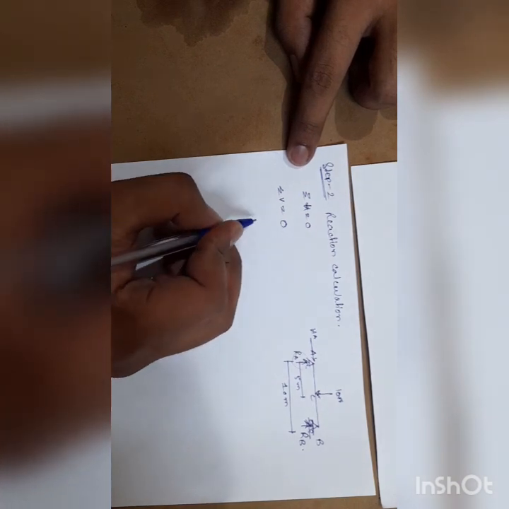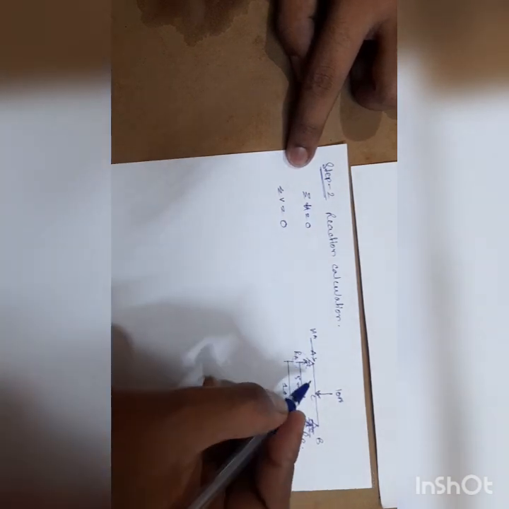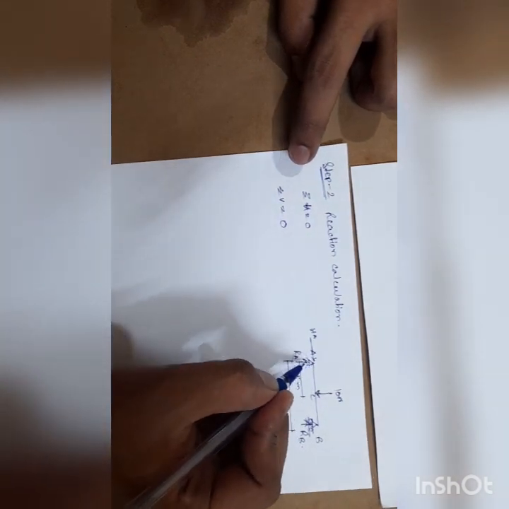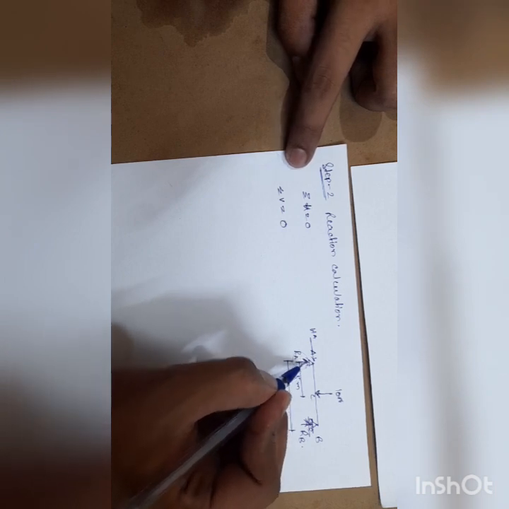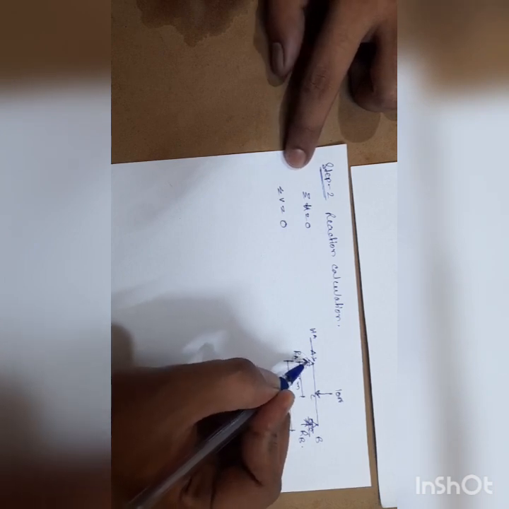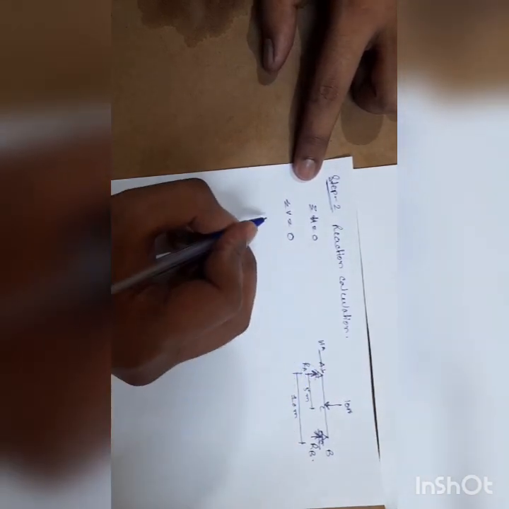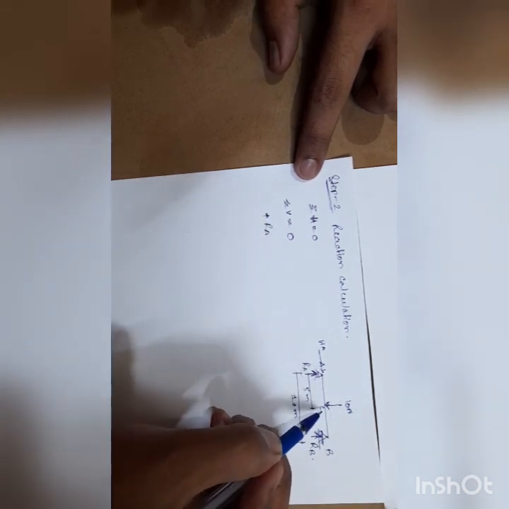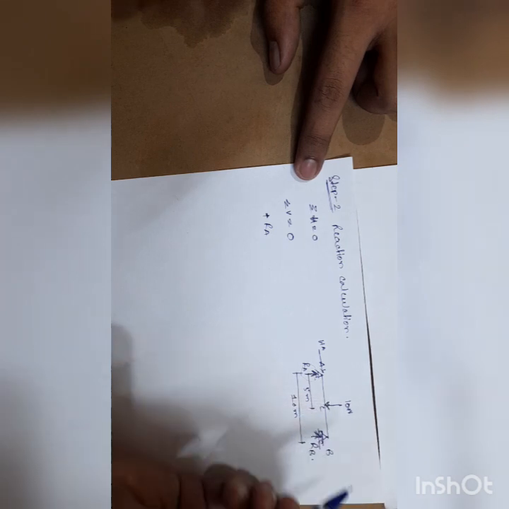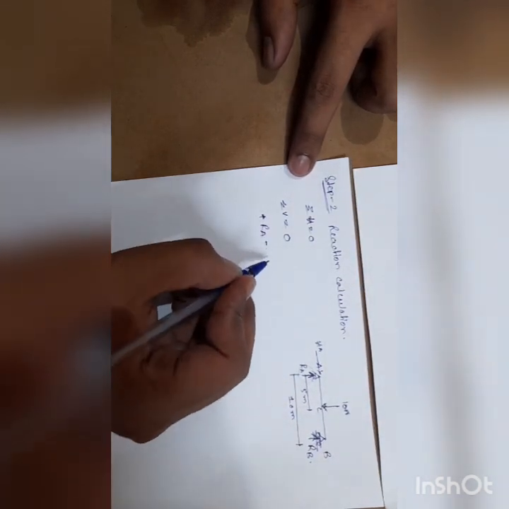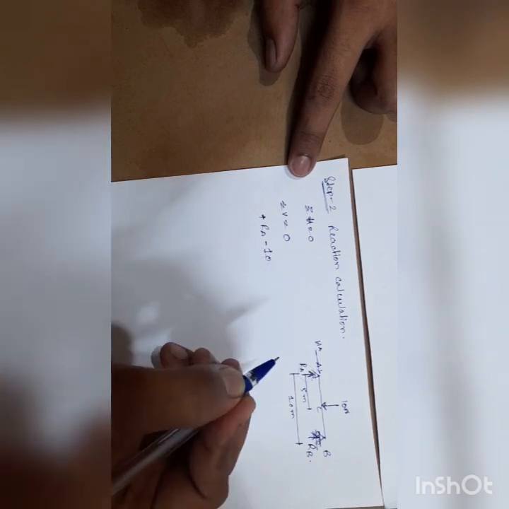Now for calculation, first we start from point A. There is a vertical reaction in the upward direction, so it is positive, so plus RA. Then come to point C, the load is acting in downward direction, we are taking downward as negative, so minus 10.